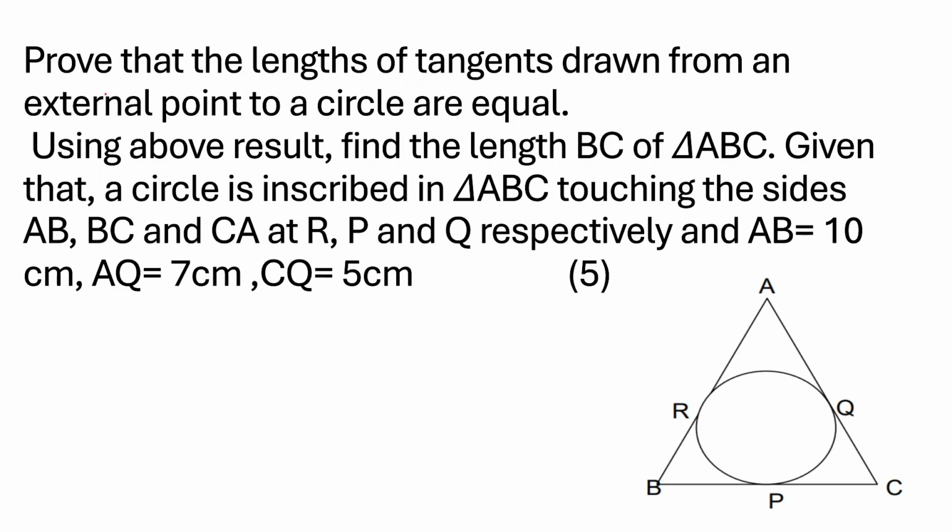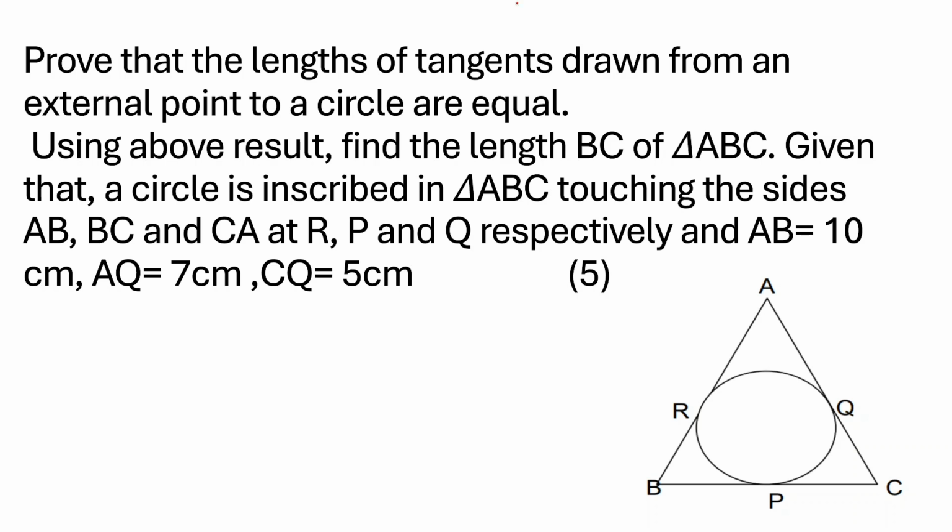Prove that the lengths of tangents drawn from an external point to a circle are equal. Using above result, find the length BC of triangle ABC. Given that a circle is inscribed in triangle ABC touching the sides AB, BC and CA at R, P and Q respectively, and AB equals 10 cm, AQ equals 7 cm, CQ equals 5 cm.